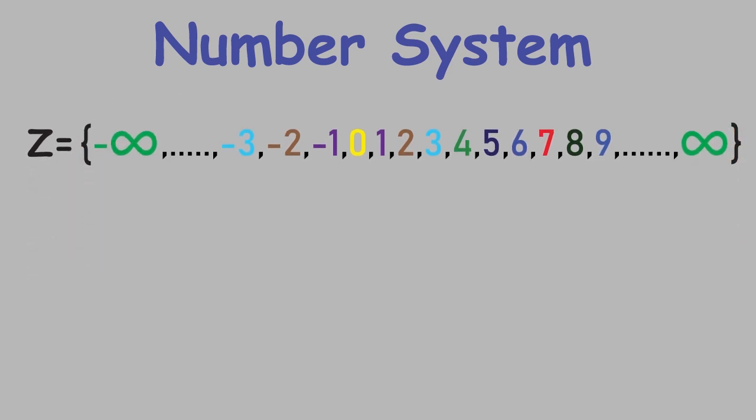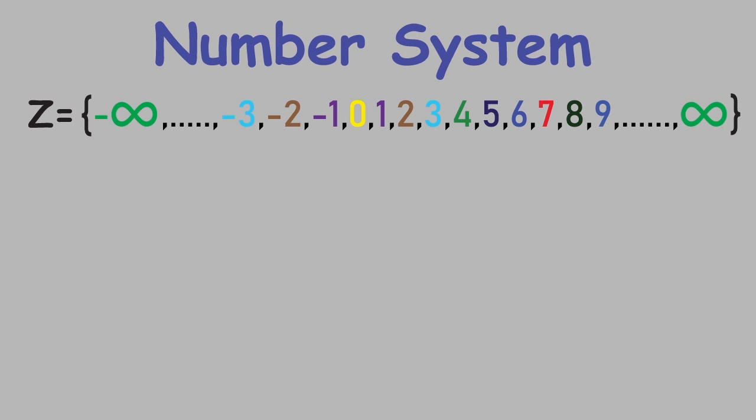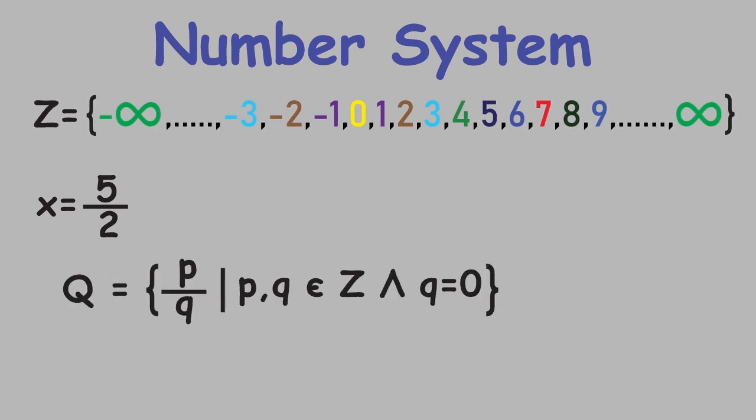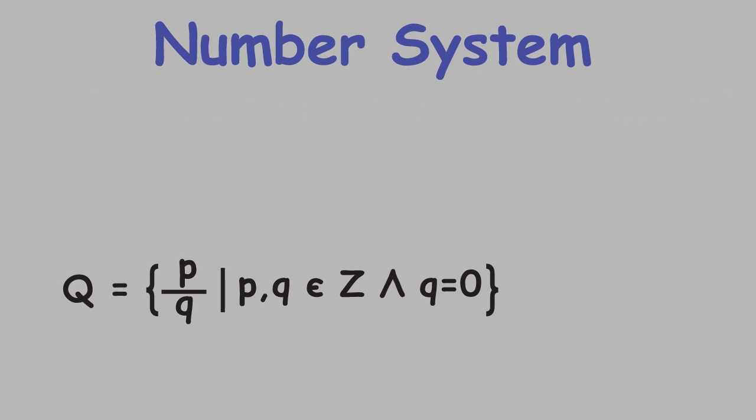Students, if I write the example 2x equal to 5, the solution of this equation is 5 over 2. This fractional answer is not present in the integer set, so another set is introduced, which is the rational number set. I will talk about rational numbers later in this video.